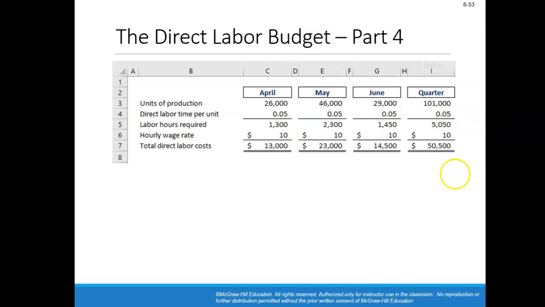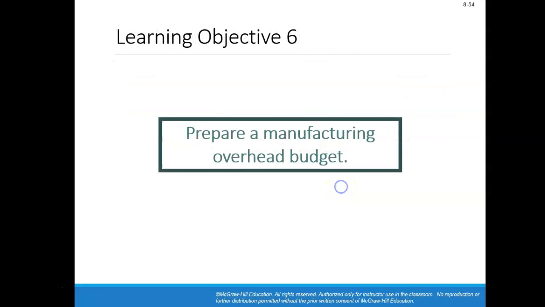There's a total of 5,050 hours of labor required at a cost of $10 per hour. Total direct labor cost for the second quarter equals $50,500.